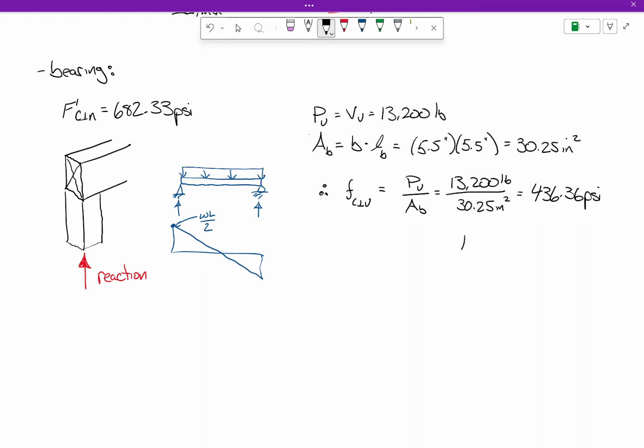And again, if we compare that to the limit, which is 682.33, we are also okay. And that performance ratio is 0.64.